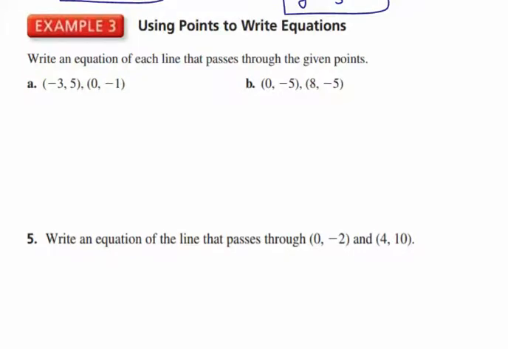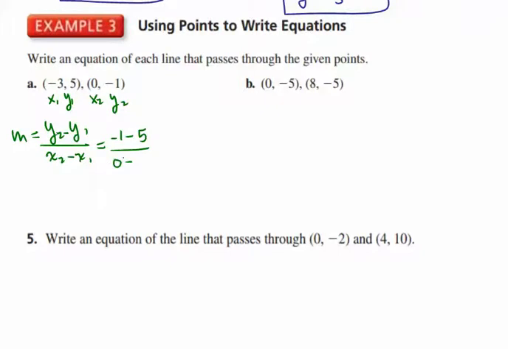We have 2 points as usual from left to right. I'm going to label the 2 x1, y1, x2, y2. M is equal to y2 minus y1 over x2 minus x1 is equal to negative 1 minus 5 over x2, which is 0, minus negative 3, and we end up with negative 6 over positive 3, or a slope of negative 2.